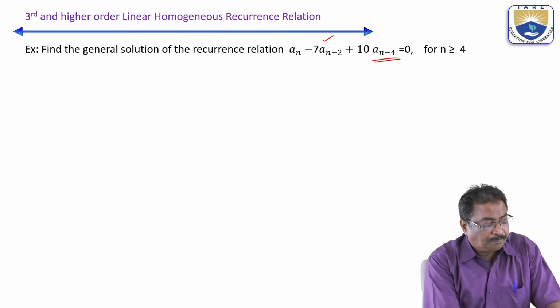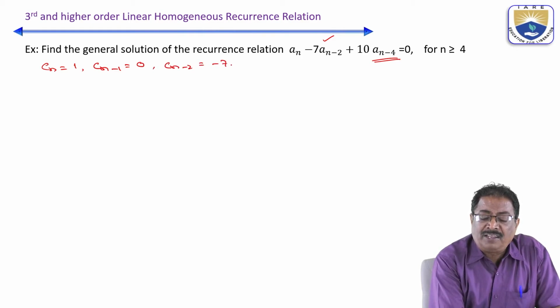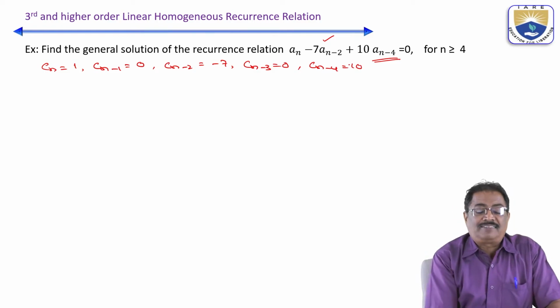So here, what are the Cn values? Cn is 1. Cn minus 1, there is no n minus 1 term. Cn minus 2 is minus 7. Cn minus 3, there is no term. Cn minus 4 is 10. Then what is the auxiliary equation?